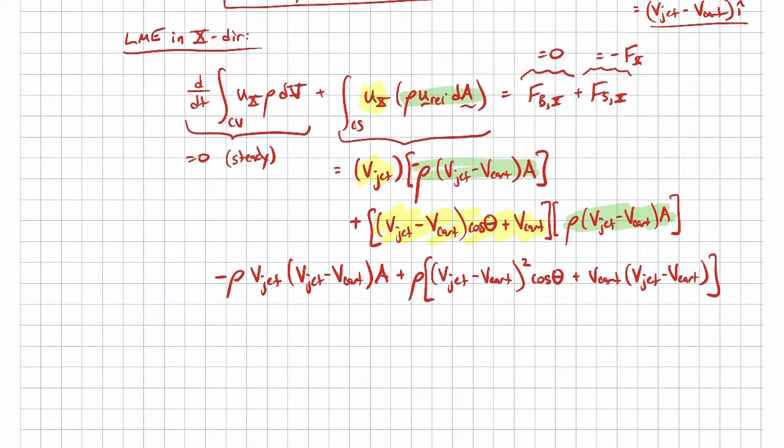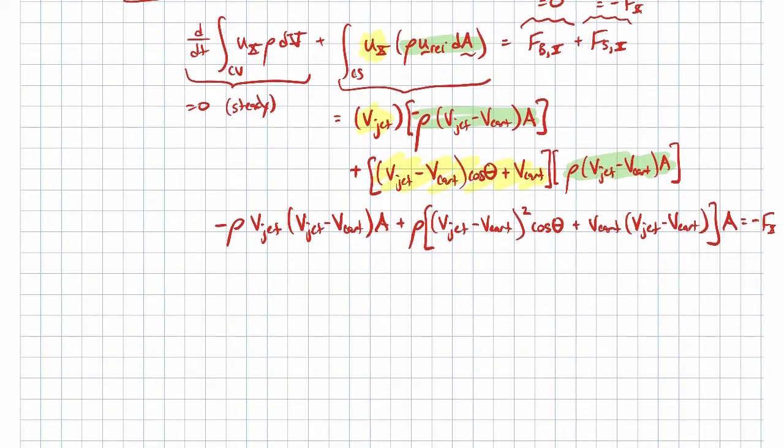Then we have the area. That all is equal to minus Fx. Sorry, it's all crammed in there. So this term is this one. This first term is just that one multiplied by that, and the second one here is the v cart times that. Okay, so let me continue to simplify.